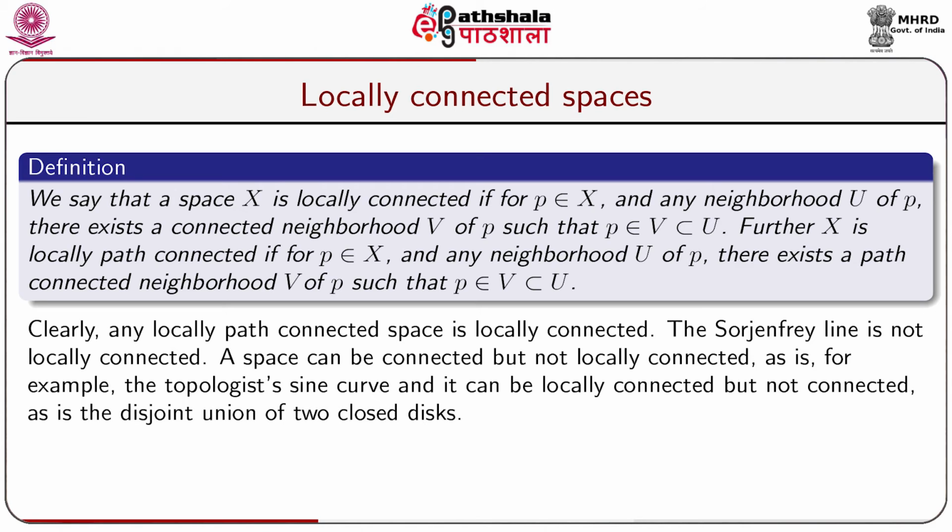In fact, if we take an open neighborhood of the point (0, 0), then that will be disconnected. So at the point (0, 0), that means at the origin, we can't find any connected neighborhood.